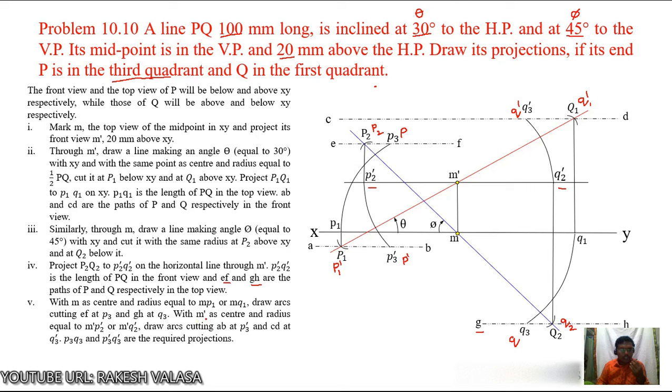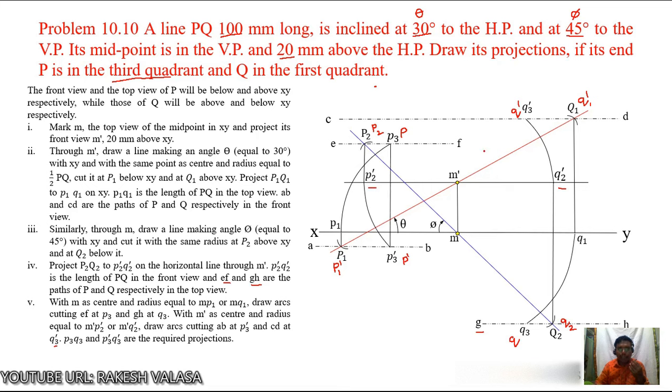Similarly, with M dash as center and radius equal to M dash P2 dash or M dash Q2 dash, draw arcs cutting AB at P3 dash and CD at Q3 dash. Now join P3 dash Q3 dash. Others you can call P dash and Q dash.